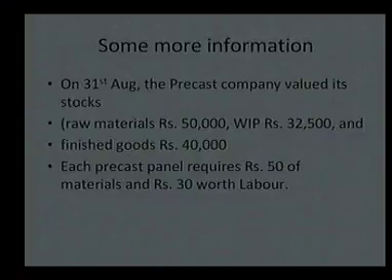Now, some more information is given. Each precast panel requires rupees 50 of materials and rupees 30 worth of labor. This last information is used to arrive at the value of work in progress. Suppose the work is half done on one panel. The entire material is consumed, so rupees 50 gone.